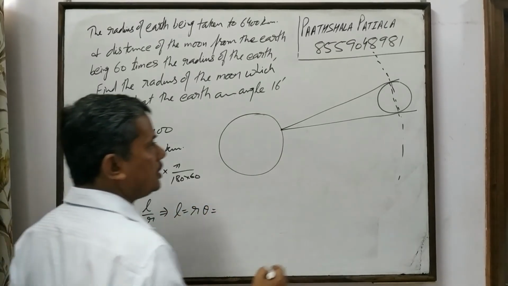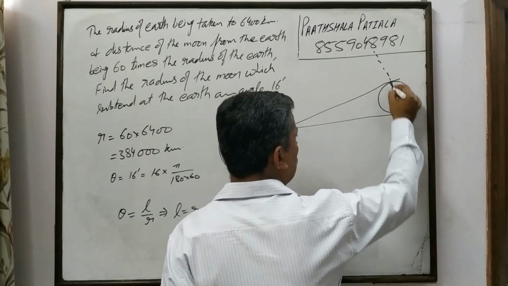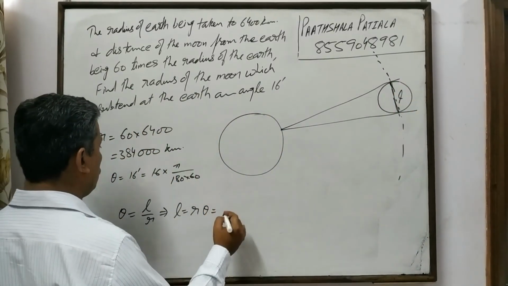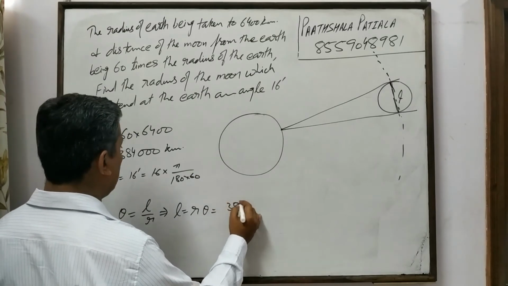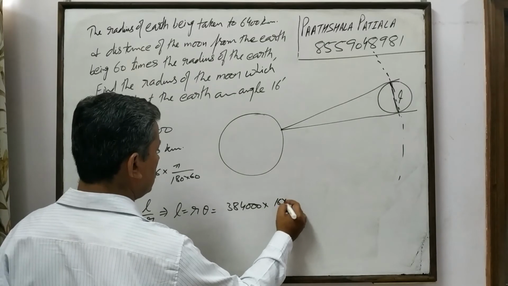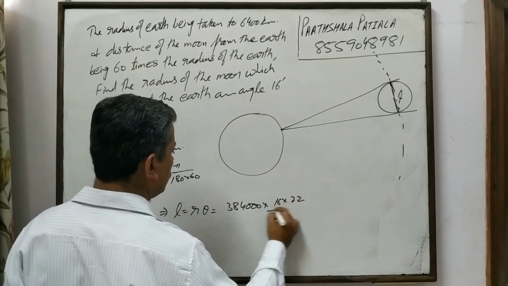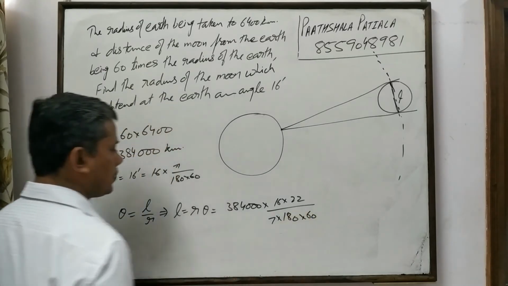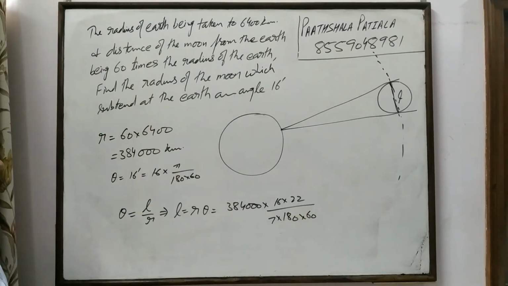We need to find this radius of the moon. This is your radius of the moon, which is your L. So L is equal to R theta, where R is 384,000 multiplied by theta, 16 into pi, 22 by 7 into 180 into 60. Now you can solve this.